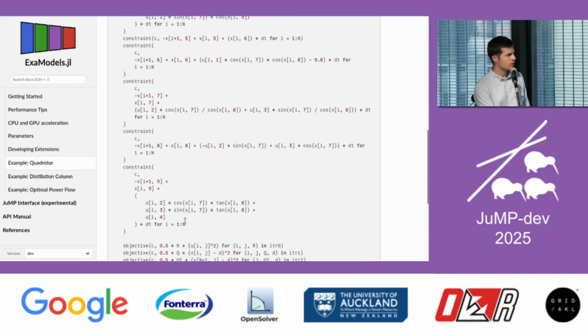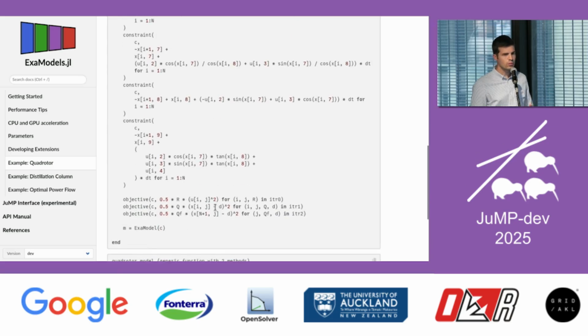What is a bit more complicated is the objective. In the objective, you have only one objective, not a group of objectives, but in this objective you have a sum, and each term of the sum is very similar. So in the objective, when you use this syntax specifying a Julia generator, what you mean is that these different terms should be summed.